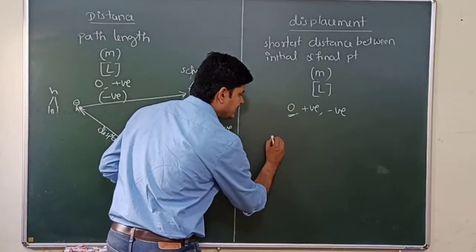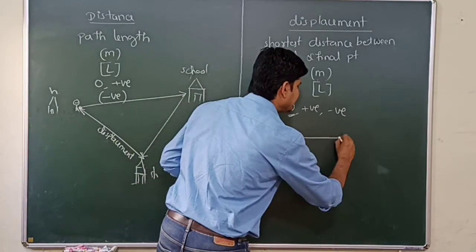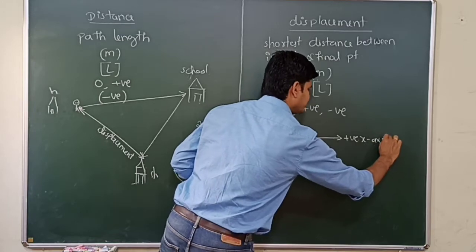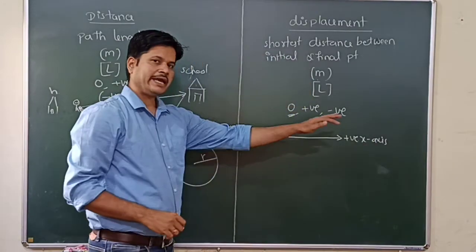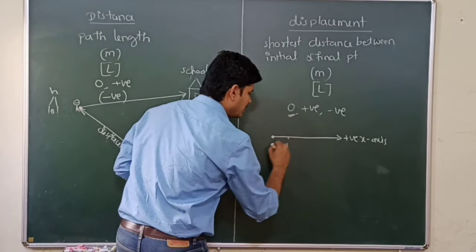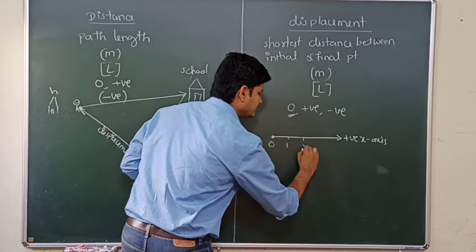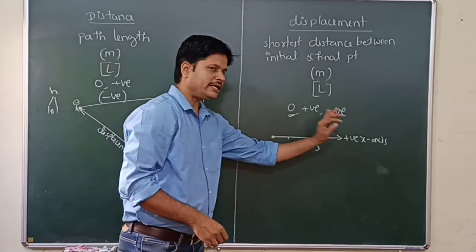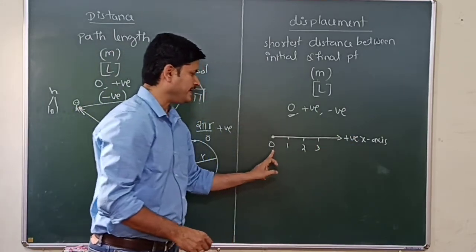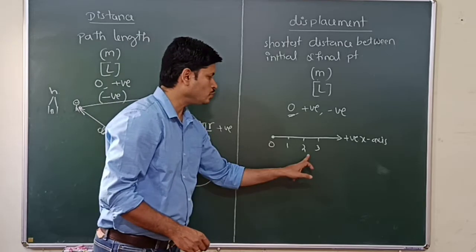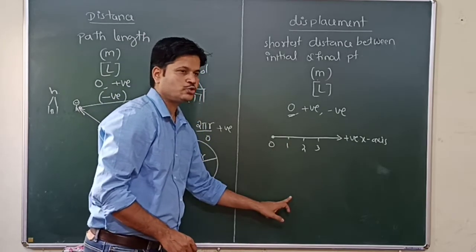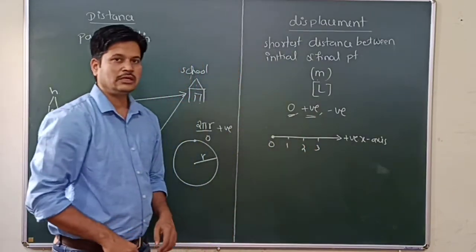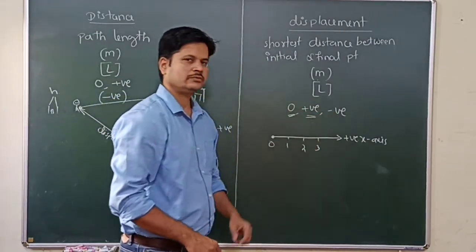If the person is traveling in a straight line along the positive x-axis, this is the origin, and this is 1, this is 2, and this is 3, then the displacement of this person is 3 minus 0, 3 meter, or 2 minus 0, that gives 2 meter, right? This is always positive, correct? Then how can it be negative?